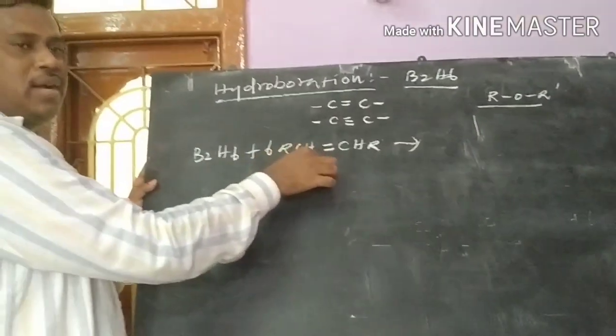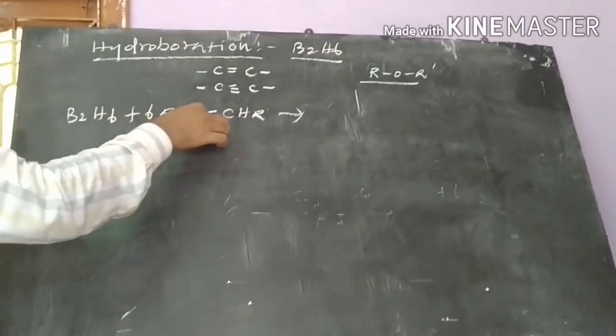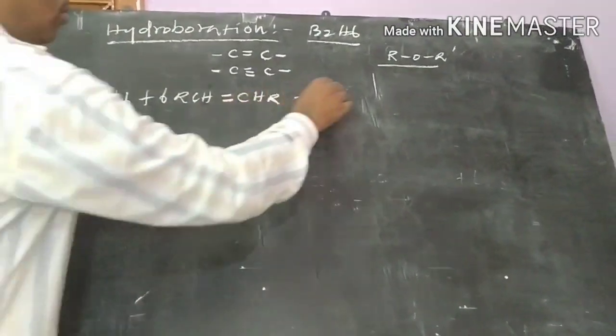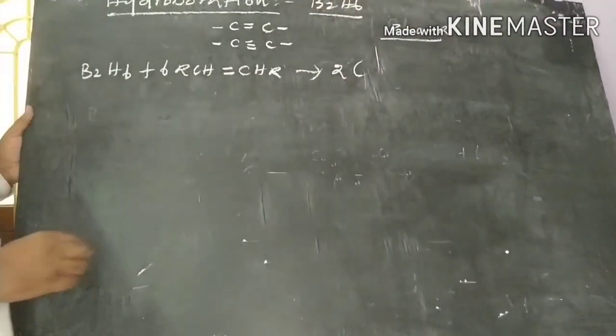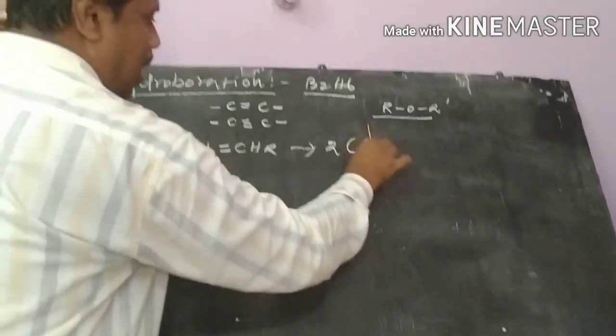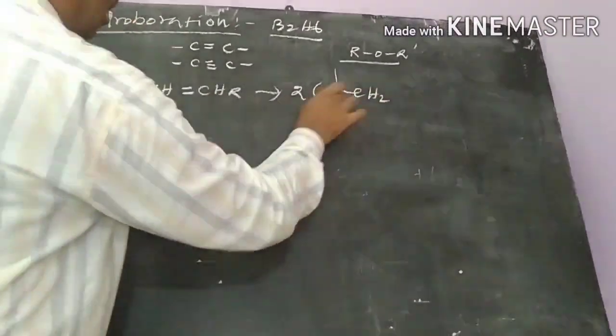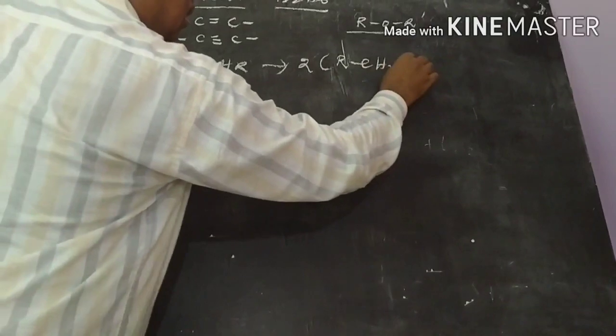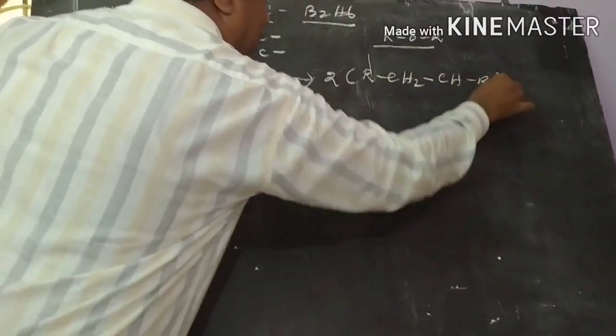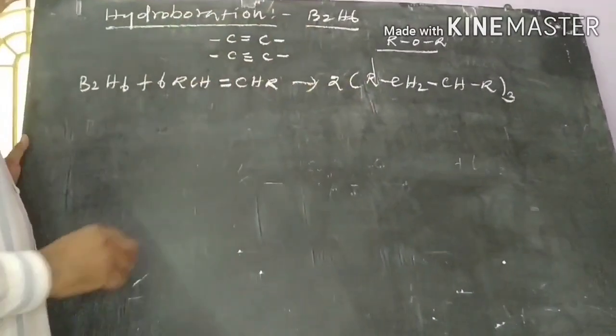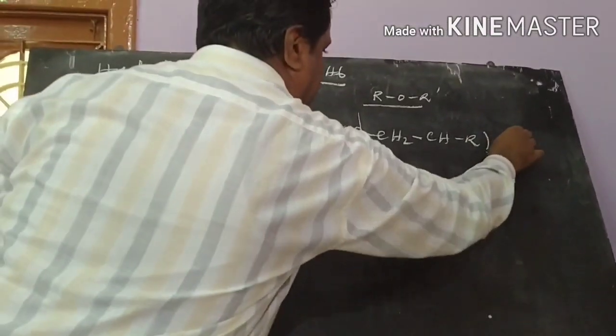In between, a carbon double bond is present. That is alkene, to give 2 moles of RCH2 or CH2 CHR, 3 times B bond.